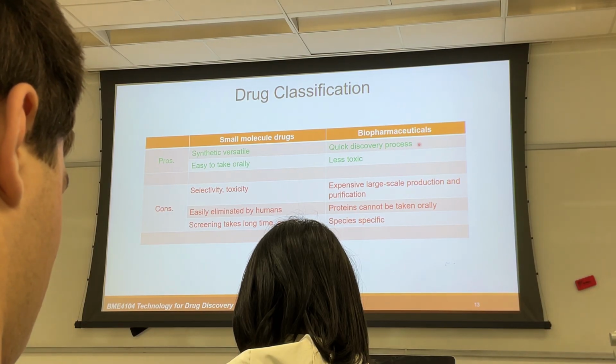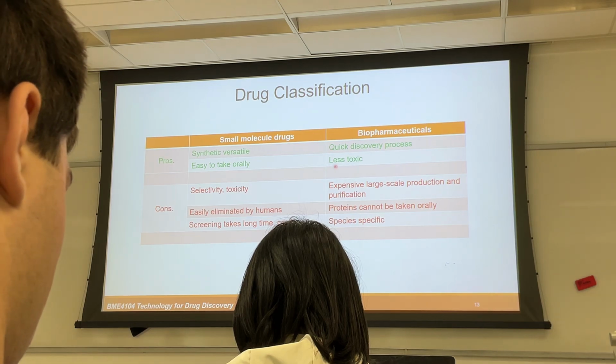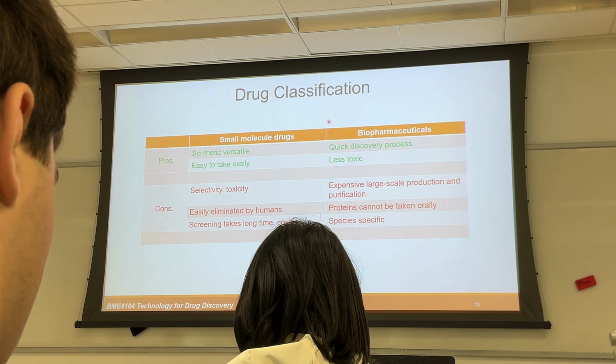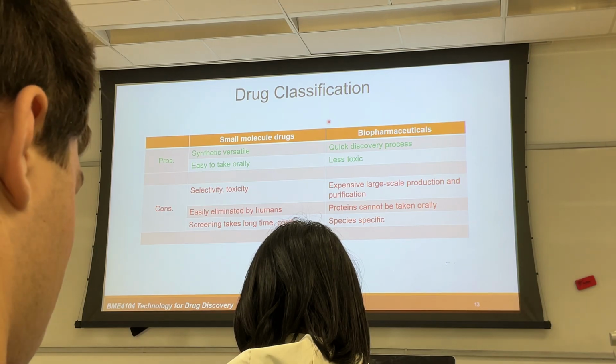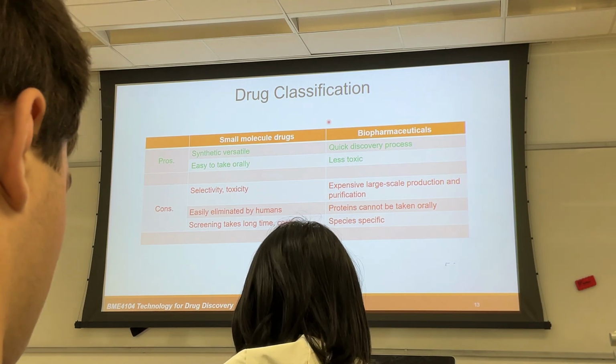Okay, so what advantage do biologics have? It is usually a quick discovery process, because when people develop biologics, they already have a target, like a protein target in mind. Or usually people already naturally produce those kinds of substances, like insulin.